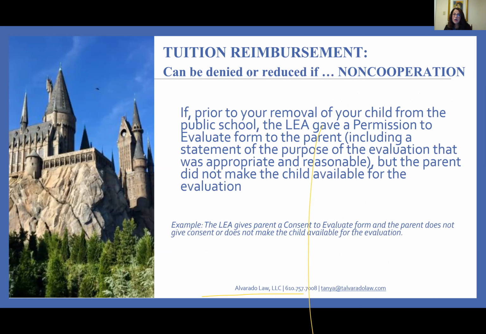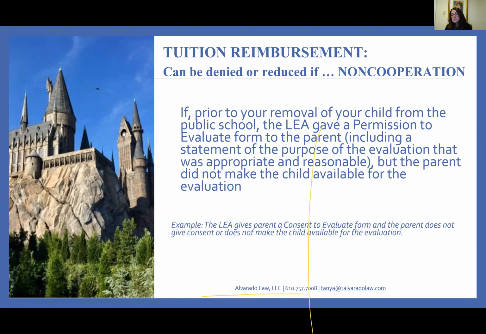Okay. There's another reason, and it really should have been Minefield instead of Hogwarts. Even if you get past the notice, and you're telling the district what you don't like about the IEP or the program, and you found an appropriate school, it can still be denied. Tuition can still be denied or reduced if the hearing officer thinks that you have not cooperated with the school district.